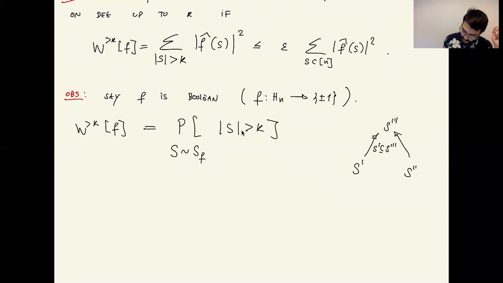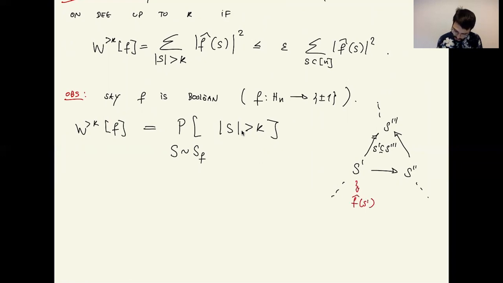In that way, you can build a graph whose vertices are the subsets of 1 to n, and the edges are given by inclusion, and you can put a weight which is exactly the square of the Fourier coefficient of f at that vertex. And if f is Boolean, we know that the L2 norm is always 1. So this is a probability distribution. This is like the spectral graph of f.